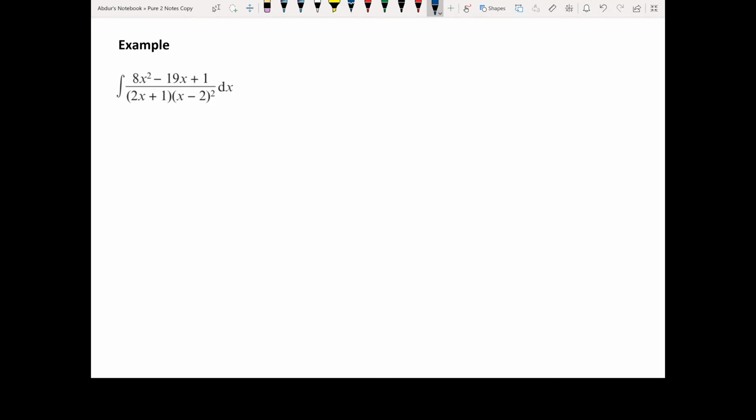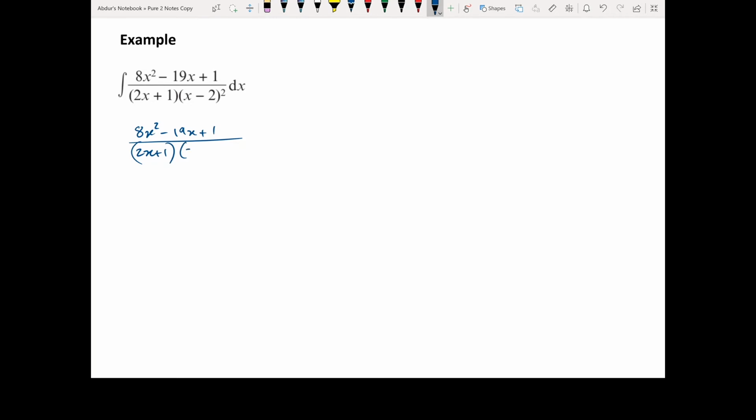So I'm going to first of all just not worry about the integral here. I'm just going to focus on writing down the fraction 8x squared minus 19x plus 1 over 2x plus 1 and x minus 2 squared, which is repeated.